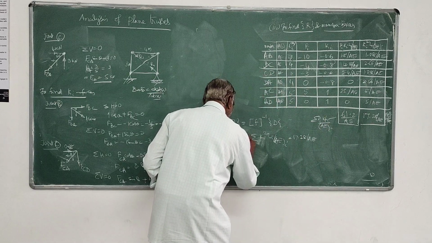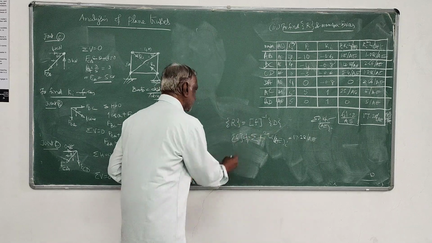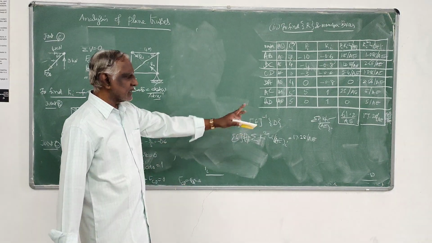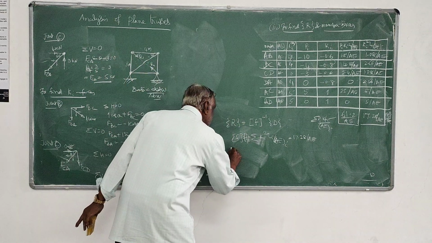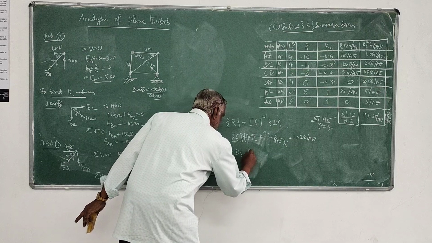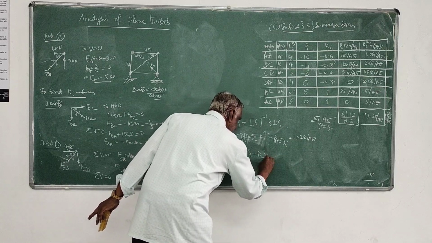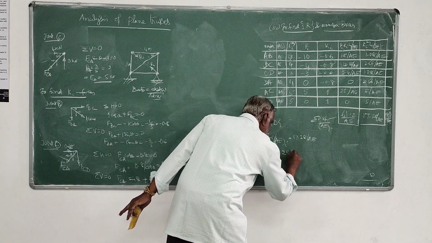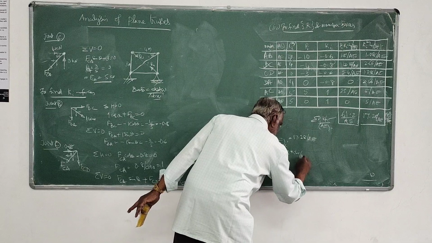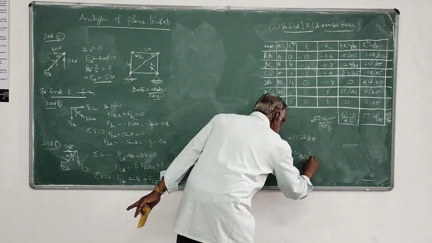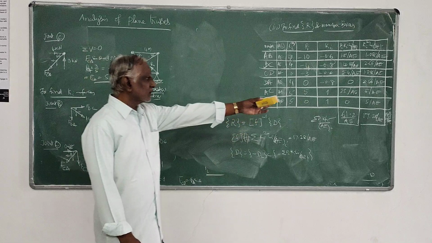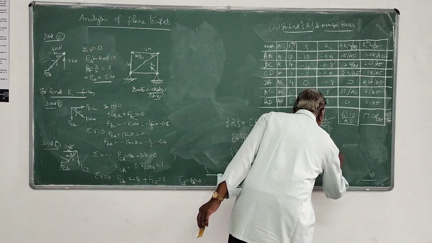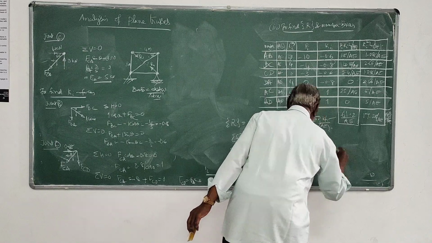Here F is only F11 because it is only one redundancy. Next, D is equal to minus DL only, which is nothing but minus sigma Pi Ki Li by AEi. So that also we have determined, that is minus 61.2 by AE.